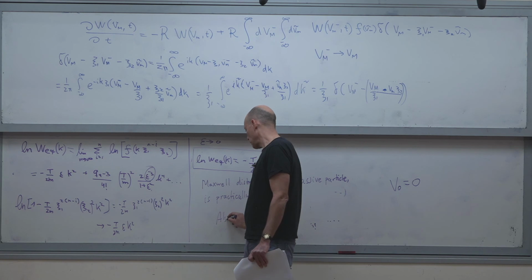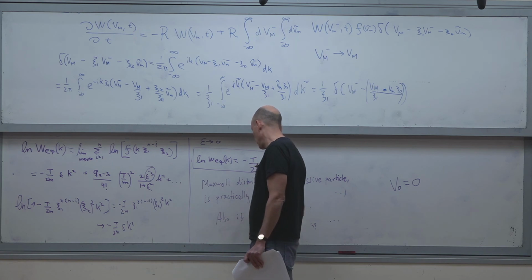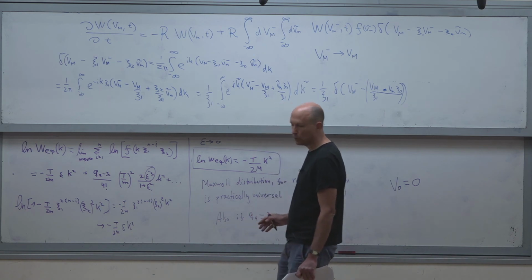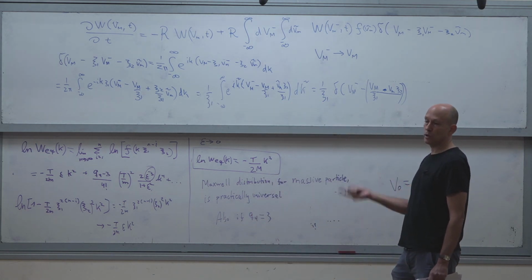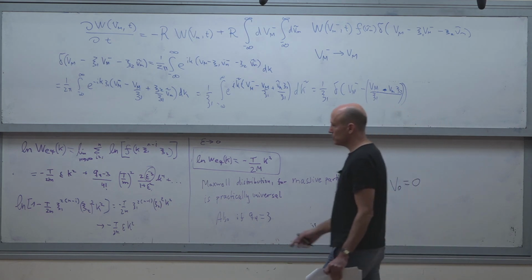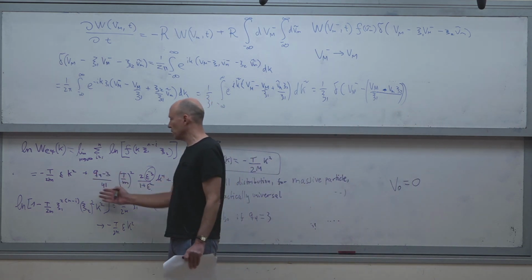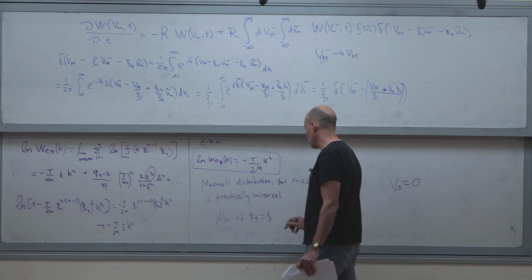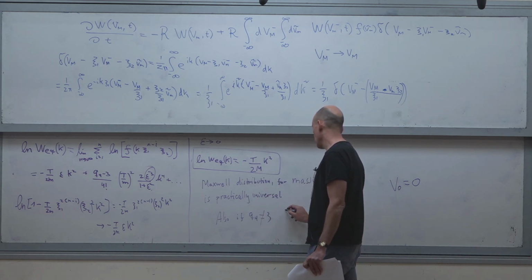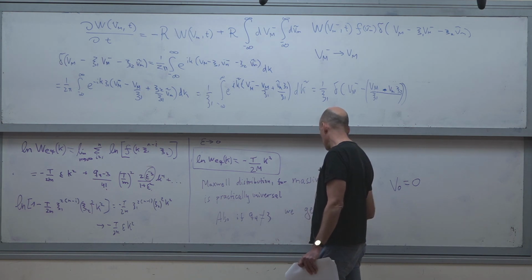Also, if Q4 is not equal 3, what is Q4 equal 3, do you know? It's the Gaussian. That means that this distribution is Gaussian, and then obviously this guy will be 0. Also, if Q4 is not equal 3, we get Maxwellian.